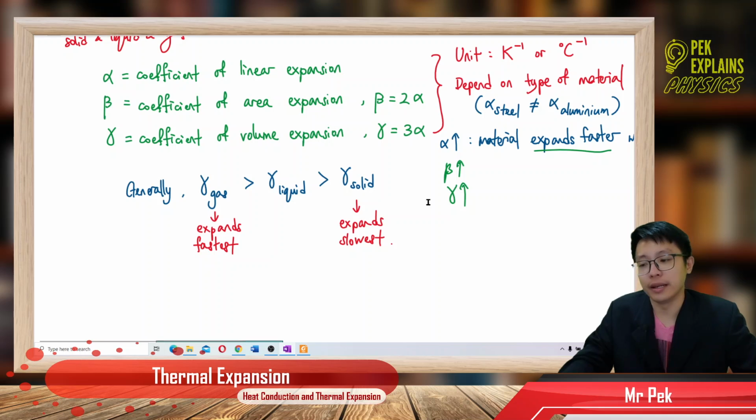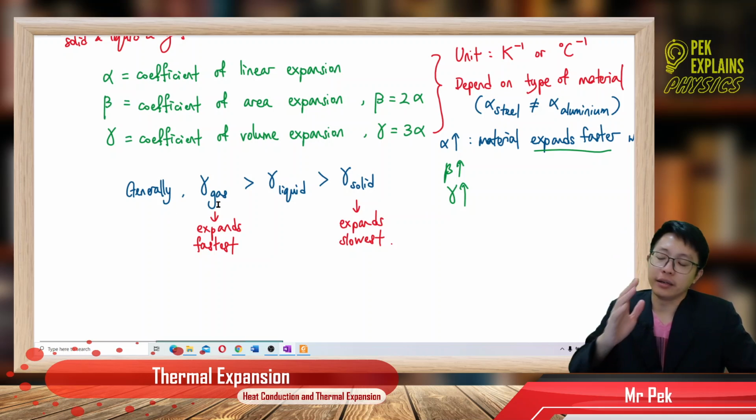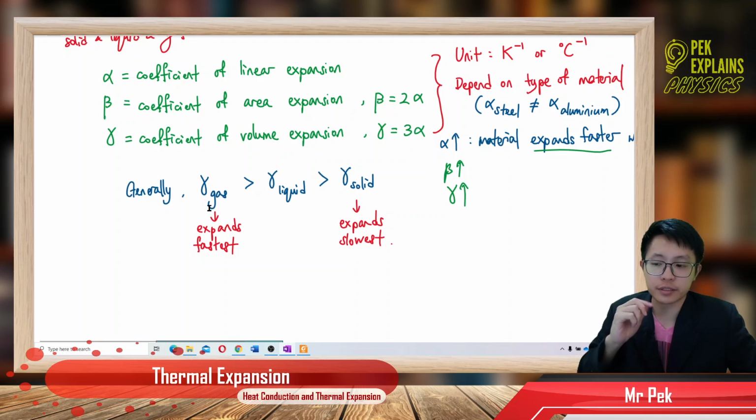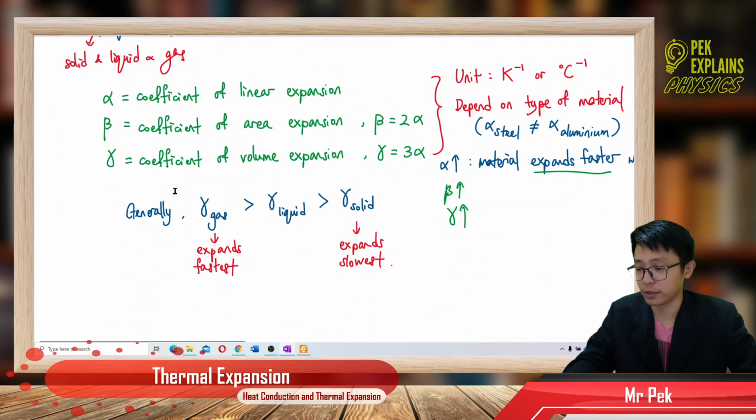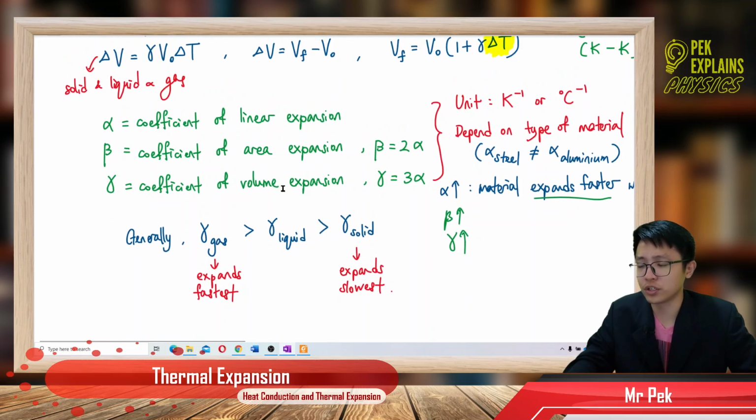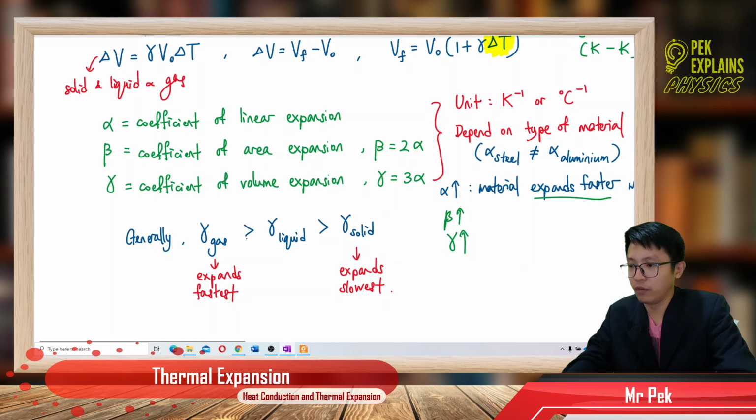Lastly, we can also compare between the different states of material: the gas, the liquid, the solid. As our general knowledge, we know that solid expands slowest and gas expands fastest. We're talking about volume expansion. If we compare the coefficient of volume expansion, normally the gas has the highest value of gamma.